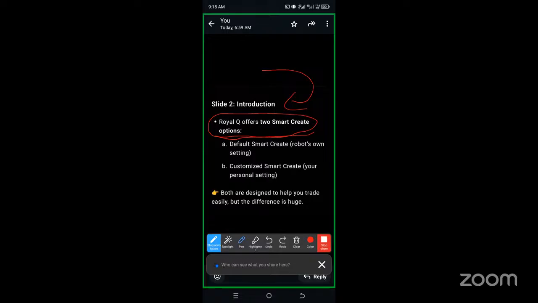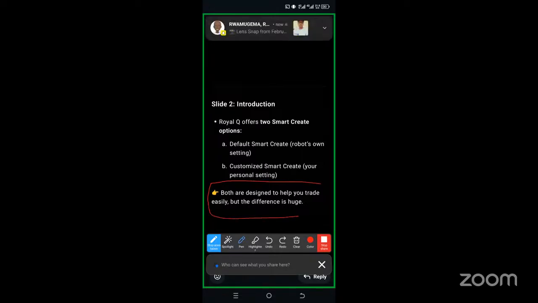So we have 2 options of Smart Create. 1A, we have seen it, default Smart Create, the robot's own setting. And today's topic is B, customized Smart Create, which is your own personal setting. Both of them are designed to help you trade easily, but the difference is huge.